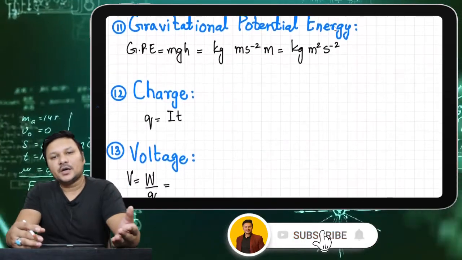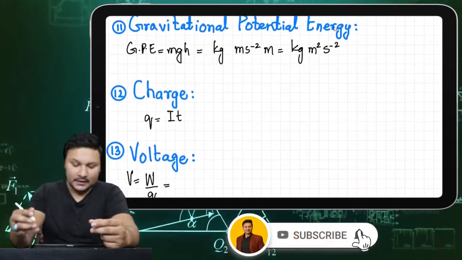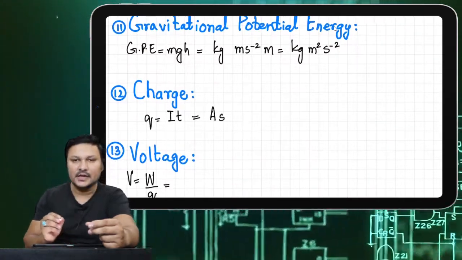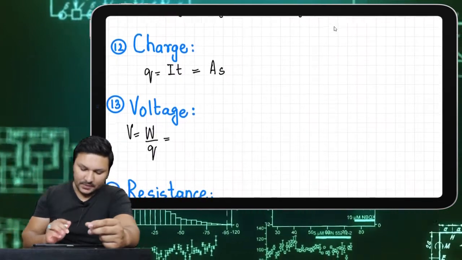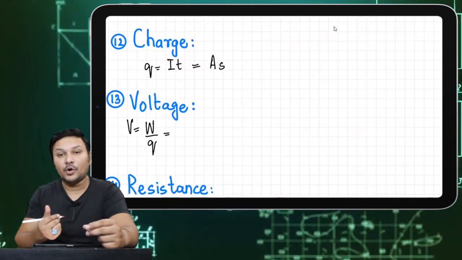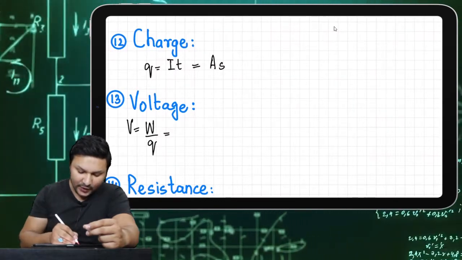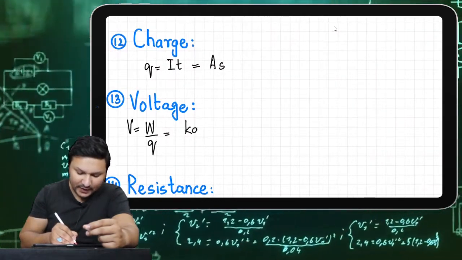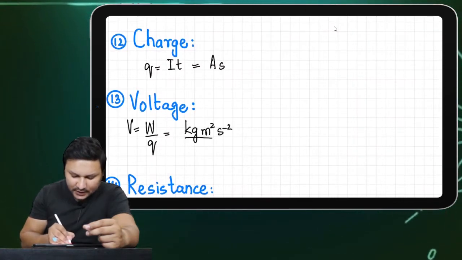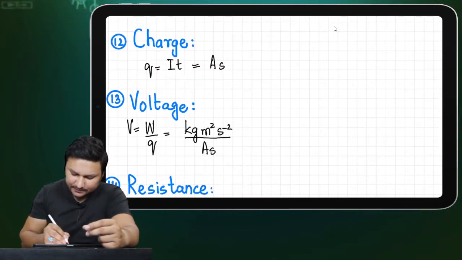If you talk about charge, charge is the product of current and time. Current has a base unit ampere and time has a base unit second. Similarly, when you talk about voltage, voltage has a formula of work upon charge. So we have already found the base unit of work, that is kilogram m square s minus 2, and charge is ampere second.